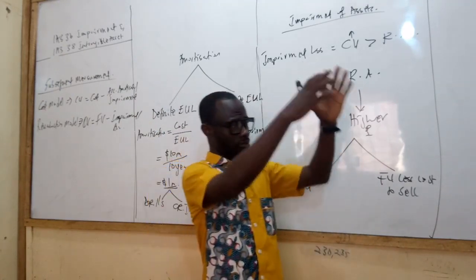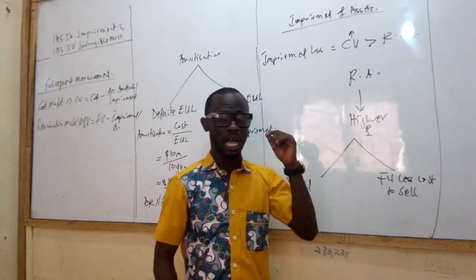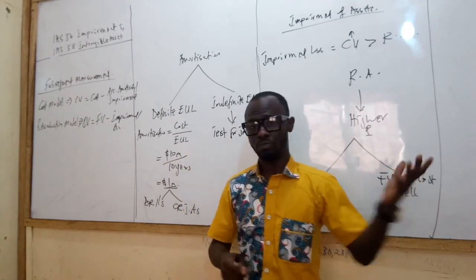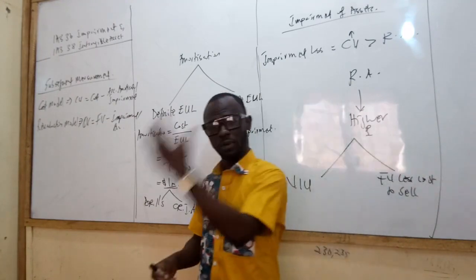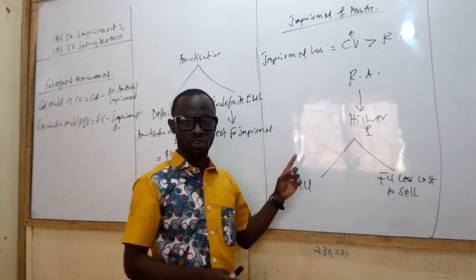Or we have a computer or a printer, and we use that printer to generate revenue for us. Because we print from it, we do photocopies for people, that printer becomes what? A cash generating unit.